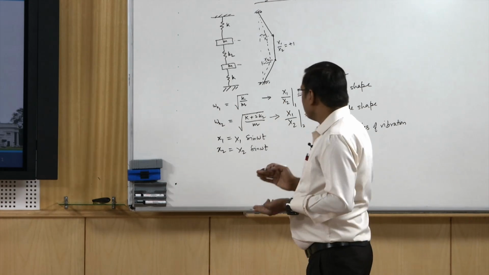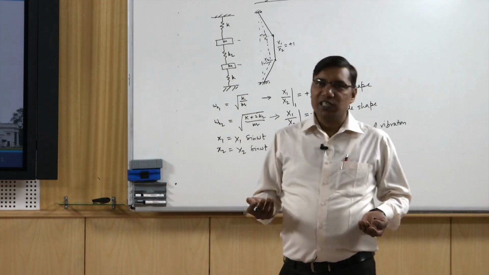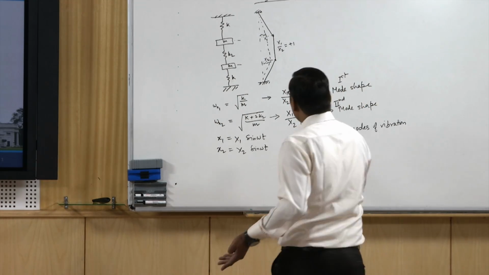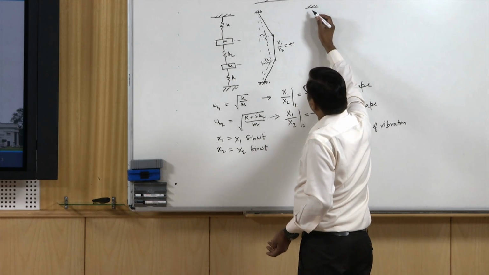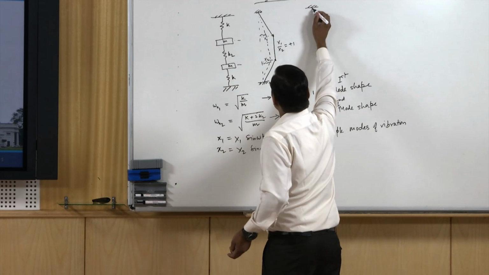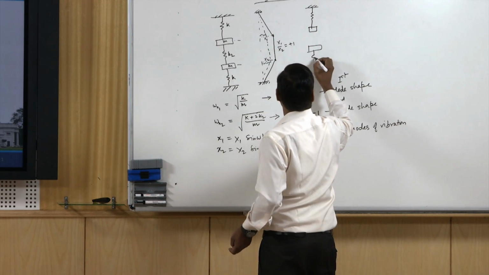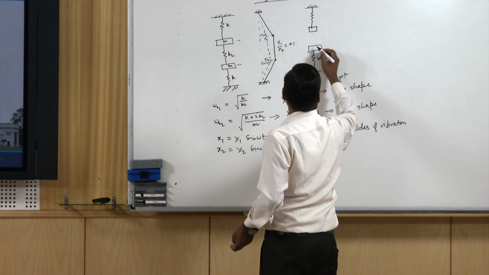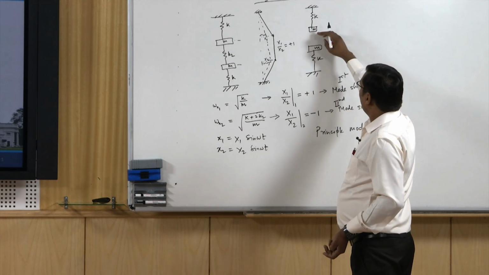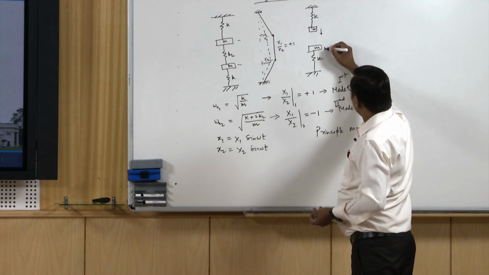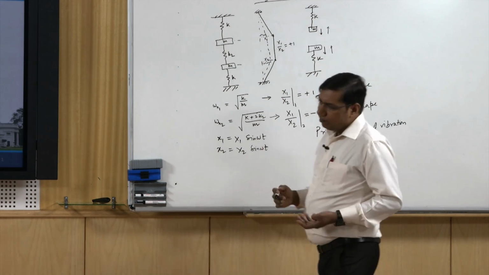So it means that this spring is ineffective in this case. There is no role of this spring. If we remove this spring, what will happen? We will have a system like this, with K and M, and M and K. Both will go this side, and then when they come up, they will come up together.